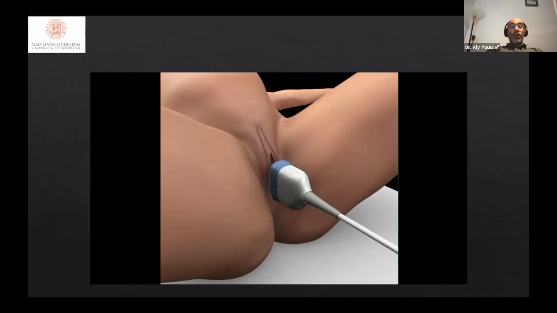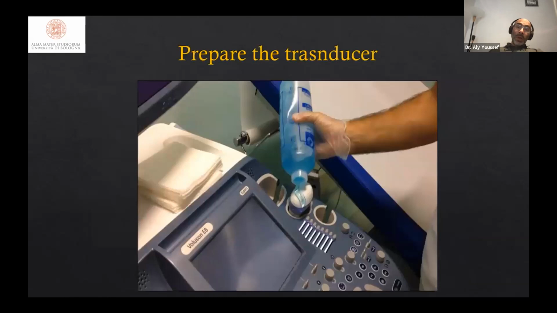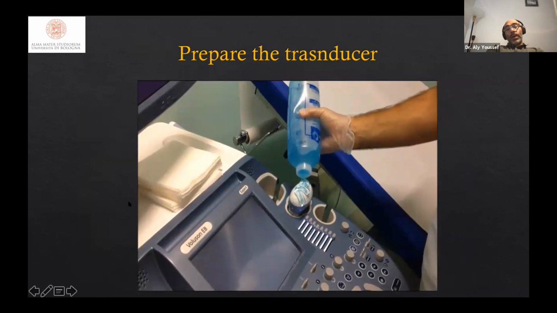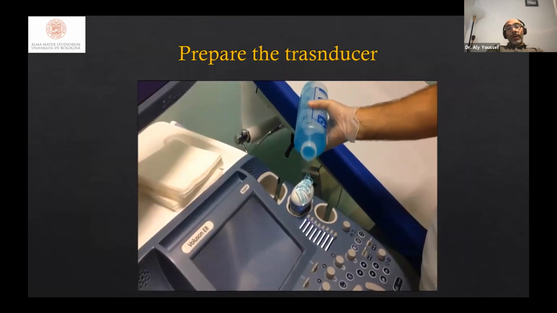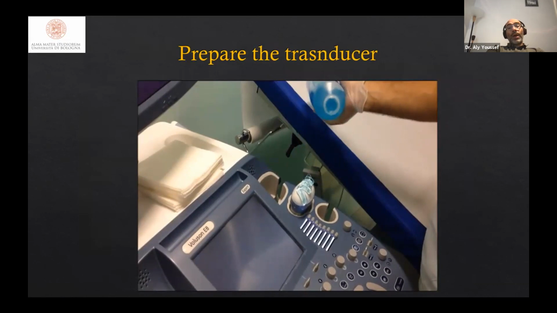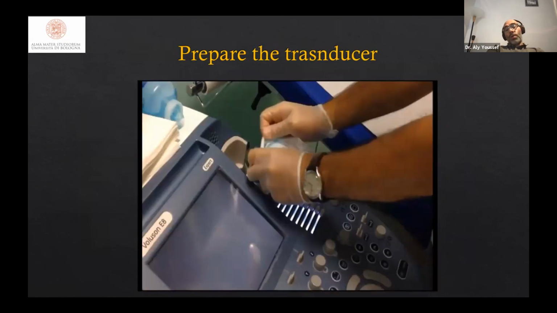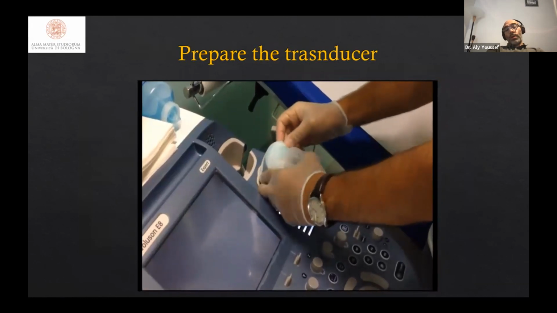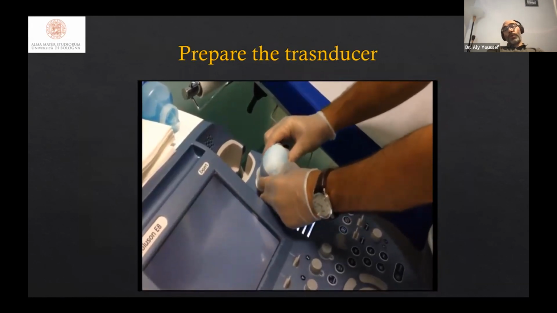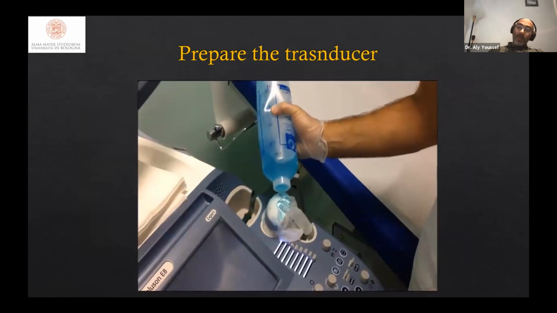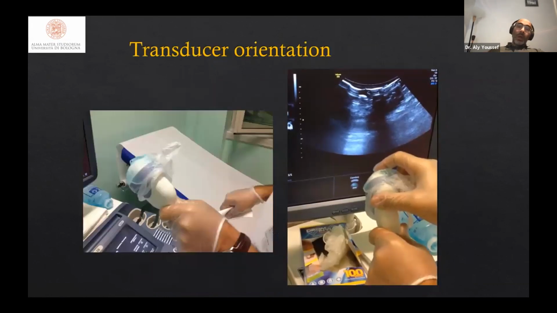You put gel on the transducer, and then you cover the transducer with a glove, and then you put a generous quantity of gel on the glove, and then you have your transducer ready to use.